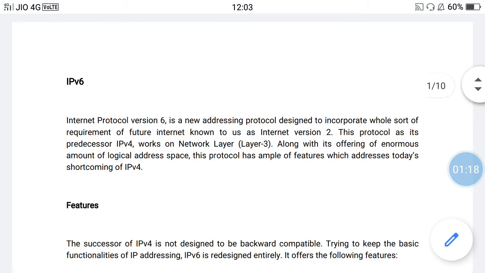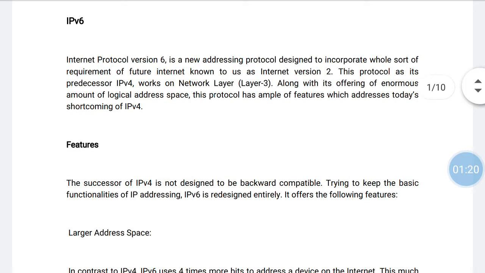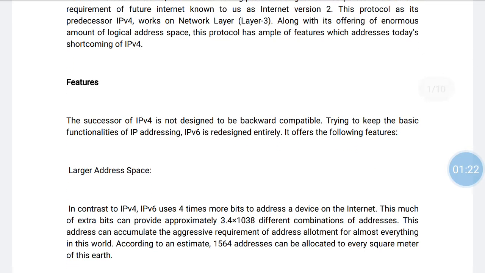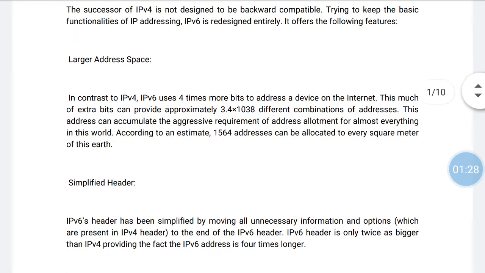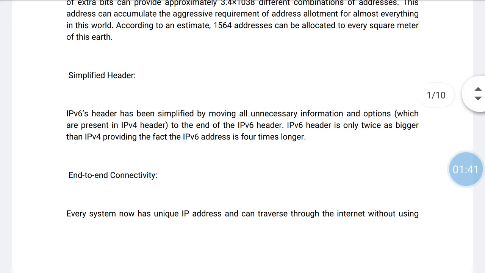Now these are the features of IPv6. It has larger address space. Having larger address space gives us more combinations of addresses, and it has a simplified header. The simplified header removes all the unnecessary information and options which are present in the IPv4 header.